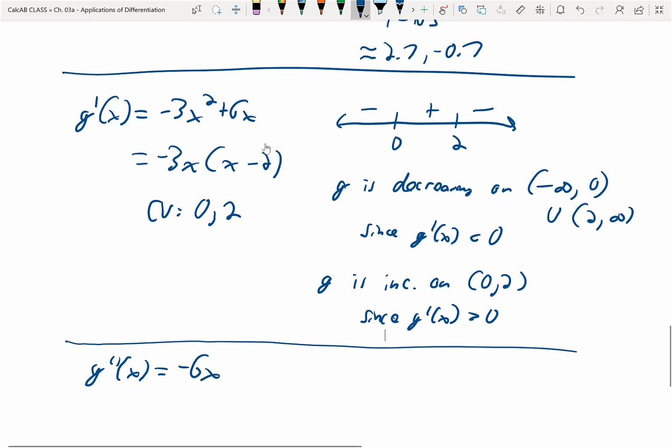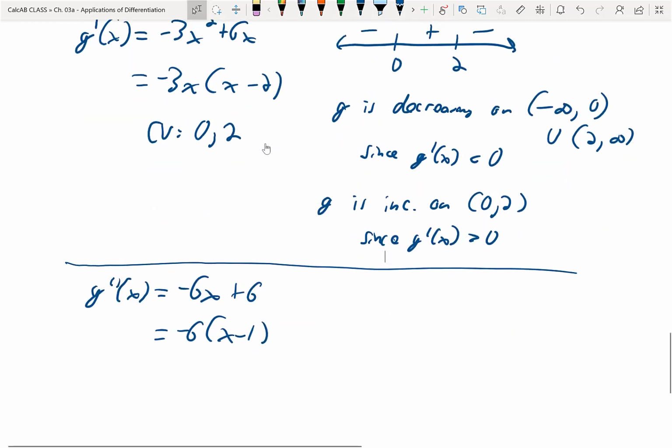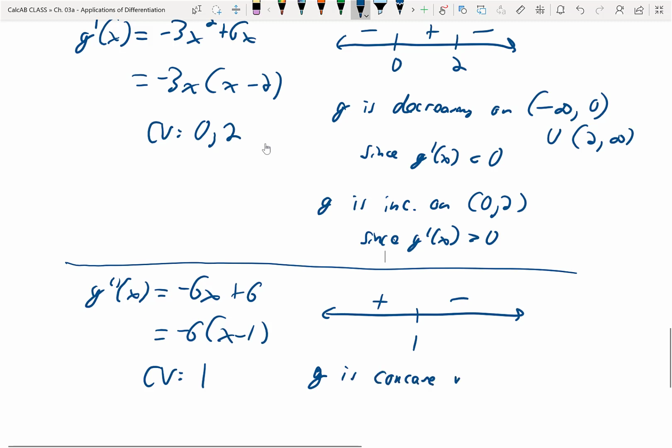You're going to get negative 6x plus 6, and if I factor the negative 6 out, I get an x minus 1. So I have a critical value on the second derivative of 1, and if I do a sign test on that, I'm going to get a positive and then a negative. So this is saying that g is concave up on negative infinity to 1, and g is concave down.